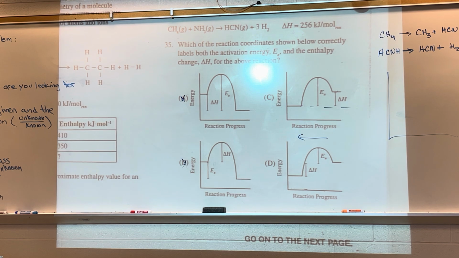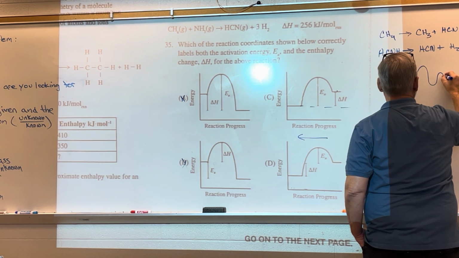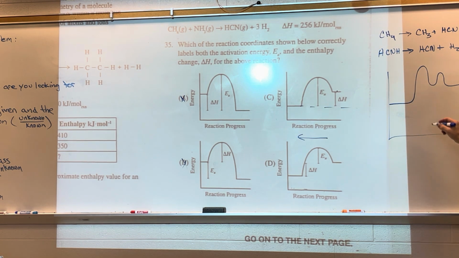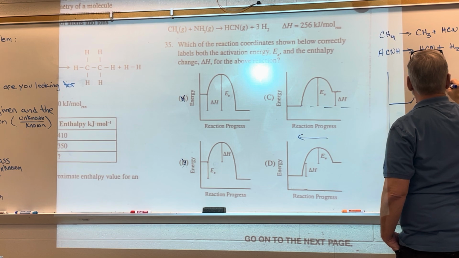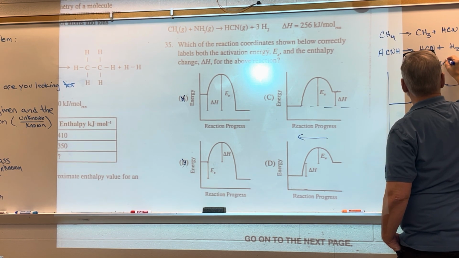Which one's going to have the greater EA? The slow step. So even if it's endothermic, it's going to look more like that. This is my first EA, this is my second EA, and this is where my intermediates form.